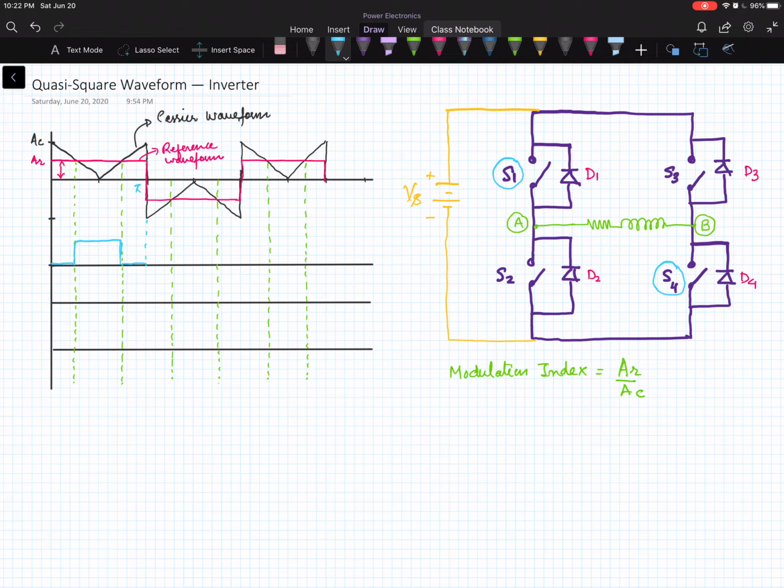When this gate signal is applied, the inverter output voltage will be equal to plus Vs. So this is the gate signal applied at switch 1. So I am going to call it VG1 or VG4. Both of them are same. So when we apply this gate signal to those two switches, what will be our output voltage?